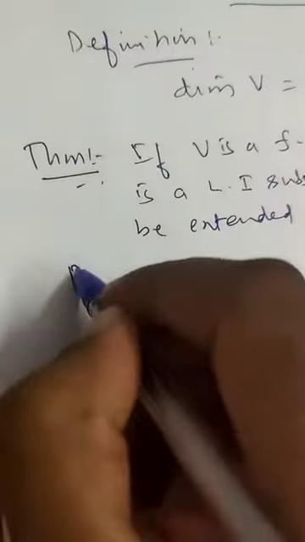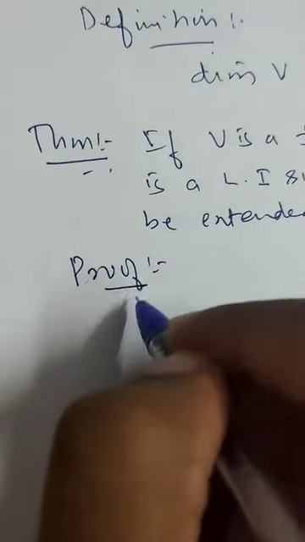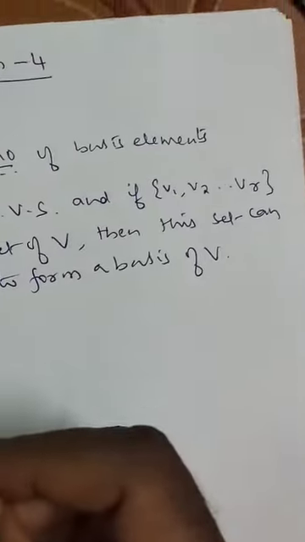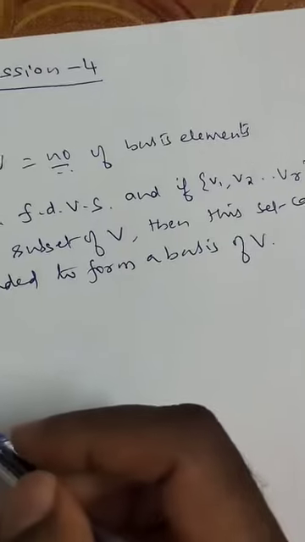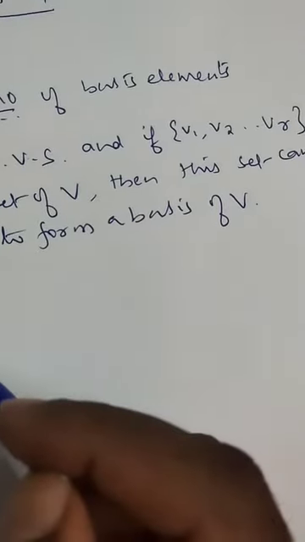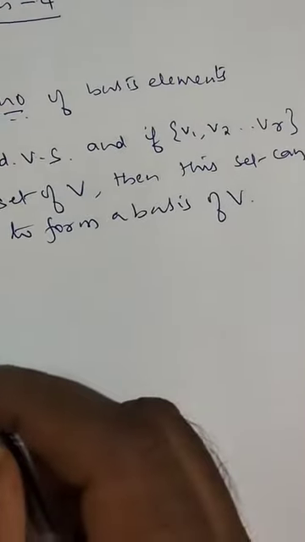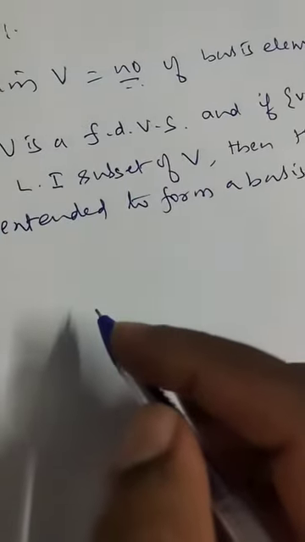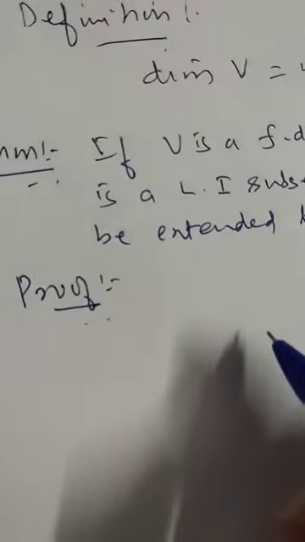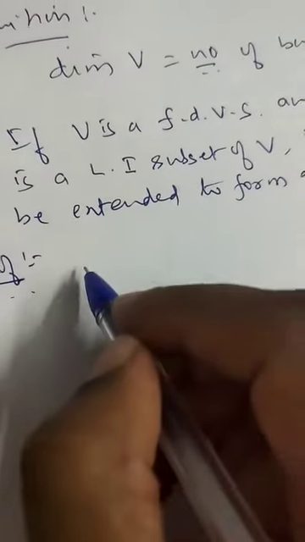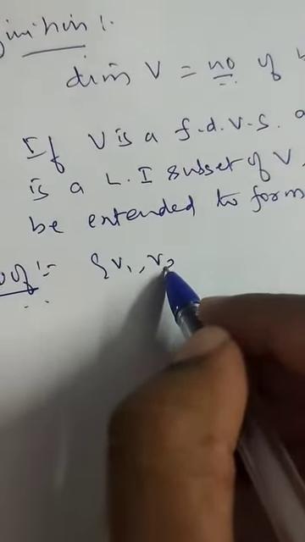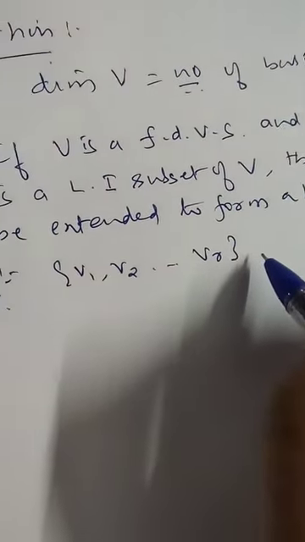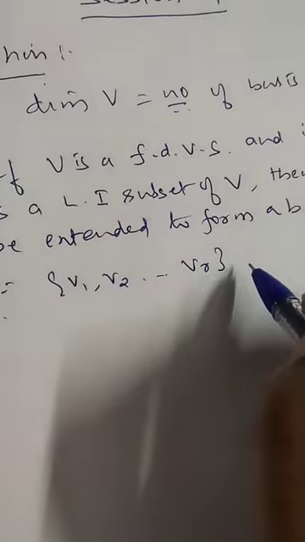Now let's prove this. We are given that this set is a linearly independent set. Now if this linearly independent set itself spans V, then there is nothing to prove because it forms a basis of V. So let this set V1, V2, etc. Vr, if it spans V, then this set itself forms a basis and there is nothing to prove.